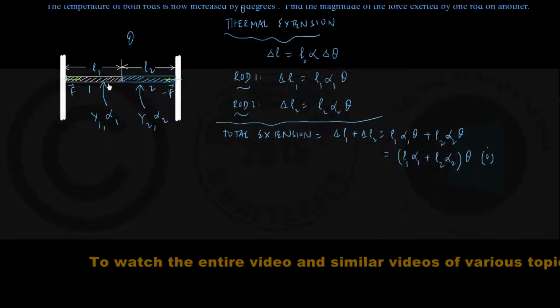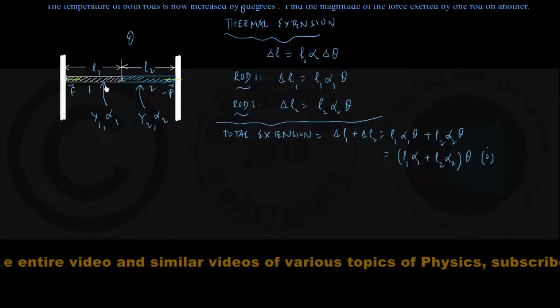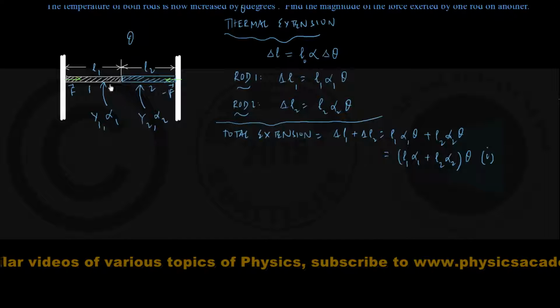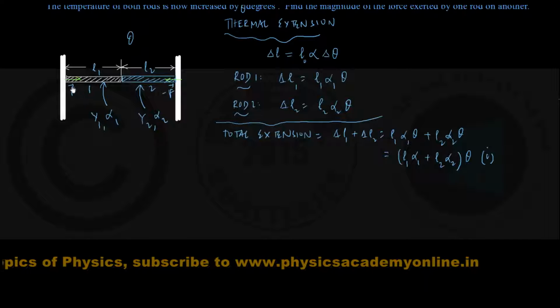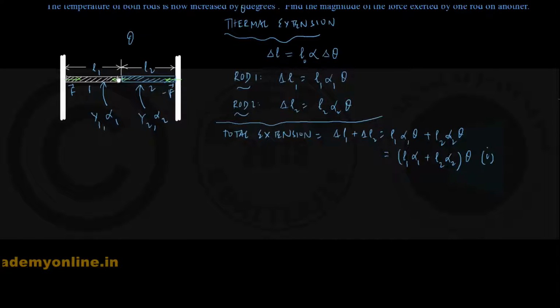Now if we consider each of these two rods individually, each of them is in equilibrium as well. It means for the equilibrium of rod number 1, if there is a force F exerted by the wall to the right, there must be another compressive force exerted by rod number 2 to the left.